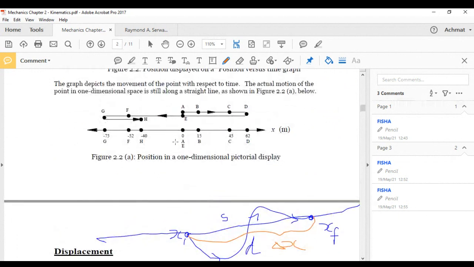But now let's think of this one over here. If I started at A, and then B, then C, then D, then back to E, and then F, then G, and then H. See how we moved? What is the displacement between A and H? It is effectively just from there to there.